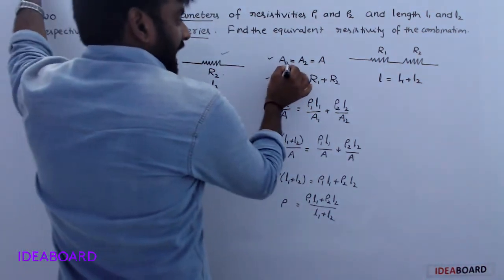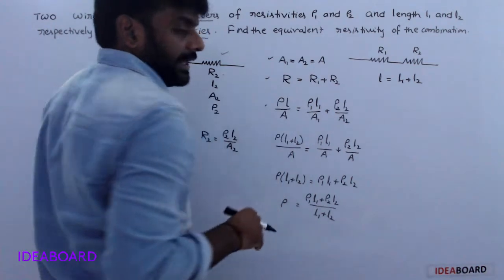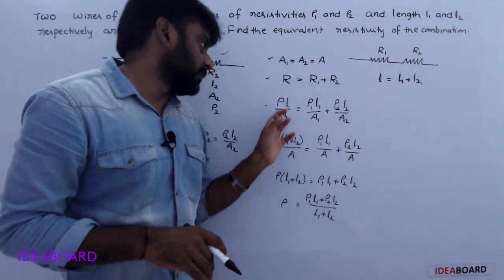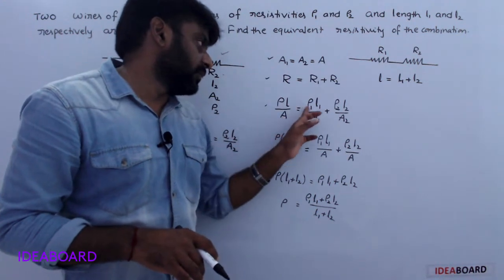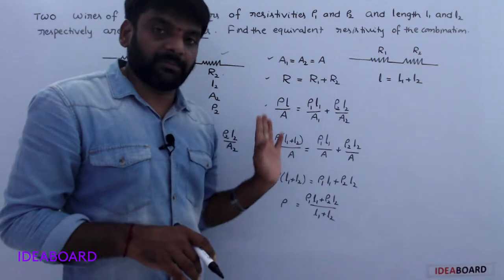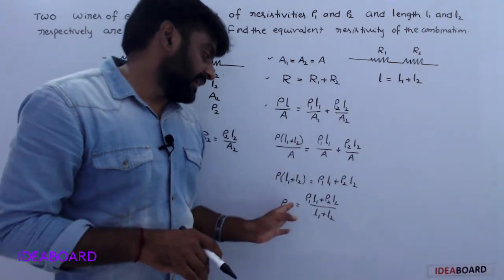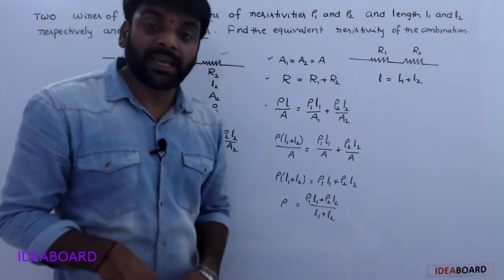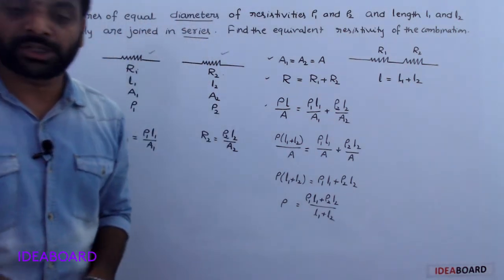Diameters are equal, so A1 equals A2 equals A. R is equal to R1 plus R2, rho L by area, rho 1 L1 by A1 plus rho 2 L2 by A2. Here the area is the same, so on simplification, effective resistivity is equal to rho 1 L1 plus rho 2 L2 by L1 plus L2. Understood?